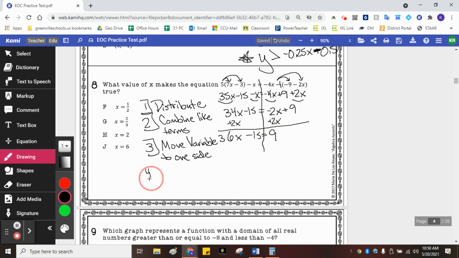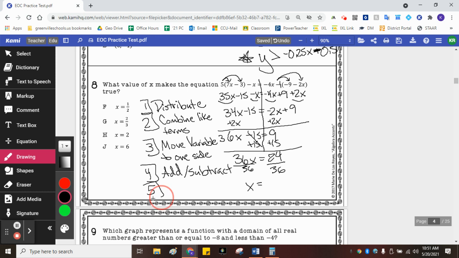Two-step equation. Add or subtract. So we're going to add over our 15. 15, 16, 17, 18, 19, 20, 21, 22, 23, 24. Divide over by 36. 24 over 36.